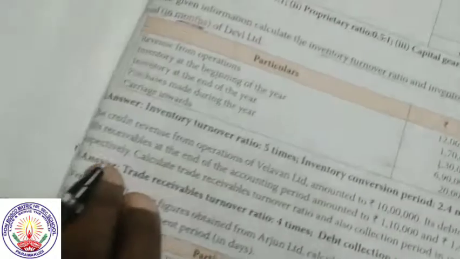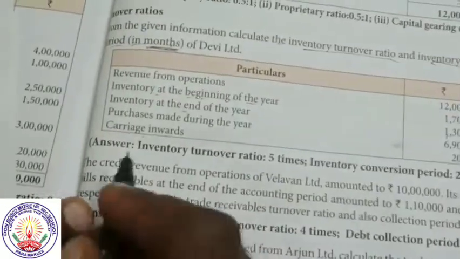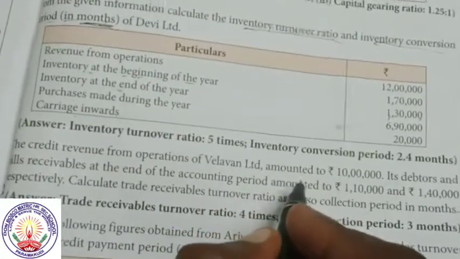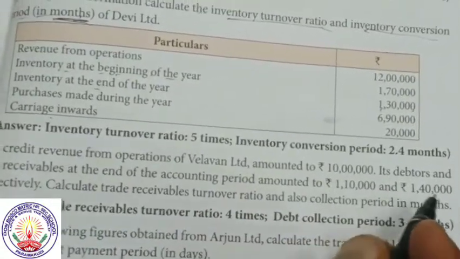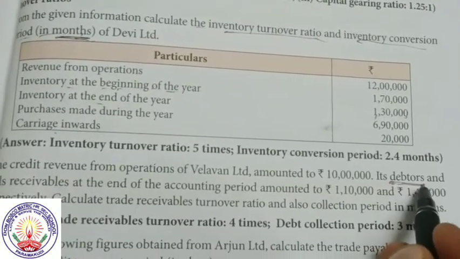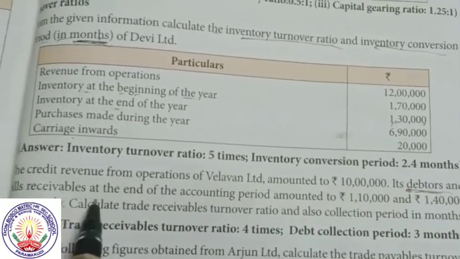Now next question. The credit revenue from operation of Relevant Limited is rupees 10 lakhs. It is debtors and bills receivable, two concepts are involved. One is debtors, another is bills receivable.